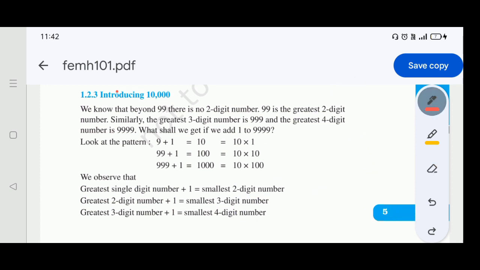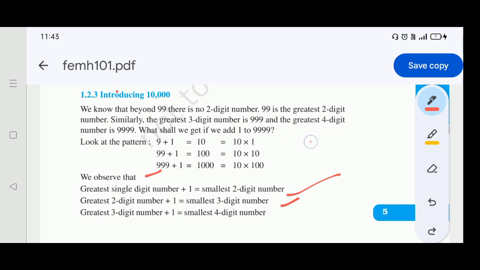First conclusion is that we observe that greatest single digit number plus 1 is equal to the smallest 2-digit number, and greatest 2-digit number plus 1 is equal to smallest 3-digit number. Similarly, greatest 3-digit number plus 1 is equal to smallest 4-digit number. How can we write this numerically?